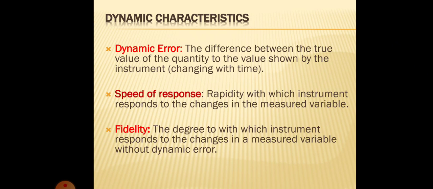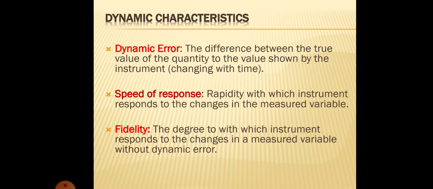In simple words, if we are on the weighing machine, we have kept a physical weight of 50 kgs, but it is showing 50.5 or it is showing 60. It means there is some difference between the actual weight of that quantity and the value shown by that instrument.